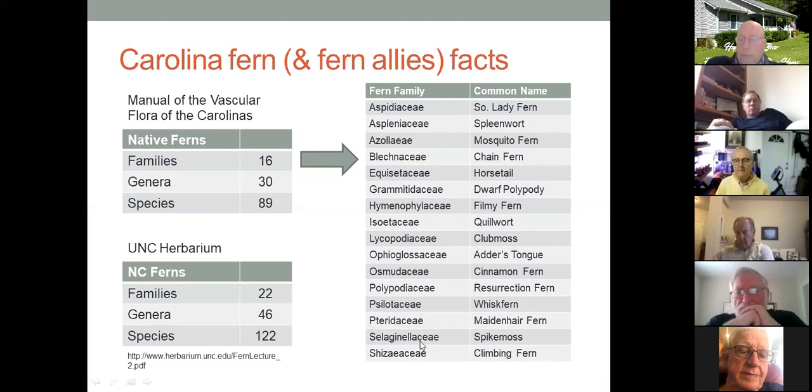Again, I'm not sure that the Selaginellas are really true ferns, and Psilotum or whisk fern is also included here. But when you're studying these things in school, botany departments typically talk about fern and fern allies. These are basically vascular plants that do not bear seeds.